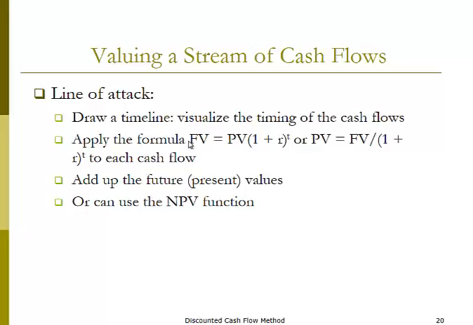Then you apply the formula we have learned in the previous slides, the future value for single payment or present value for single payment, to each single cash flow. Then we want to add up all those future or present values. And later on, I want to also show you a shortcut using the NPV concept or NPV function in Excel to calculate present value of multiple uneven cash flows.